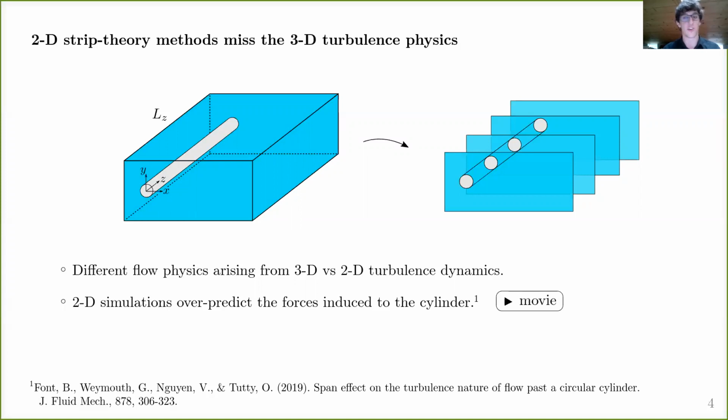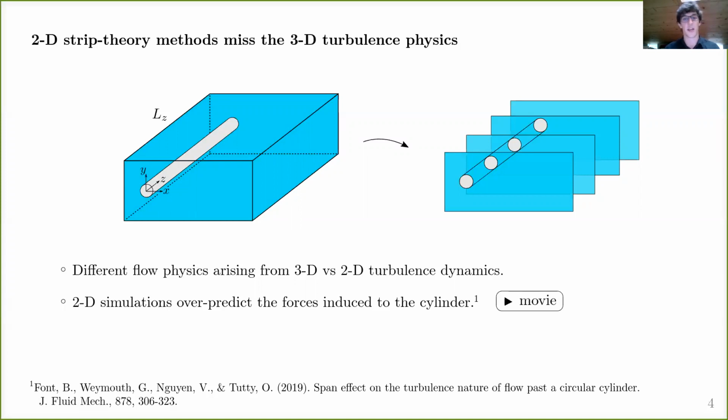One would solve the 2D Navier-Stokes equations in these multiple planes, the resolution of which depends on the structural modes of the cylinder. But there is a main shortcoming of these methods, and it's that the flow dynamics of 2D and 3D systems are very different.